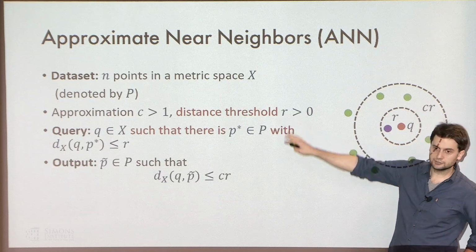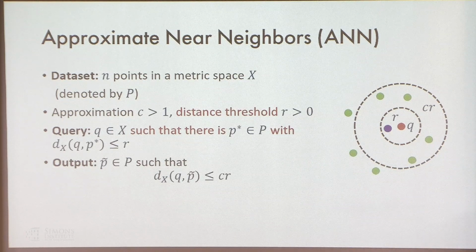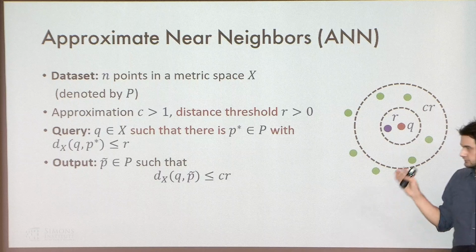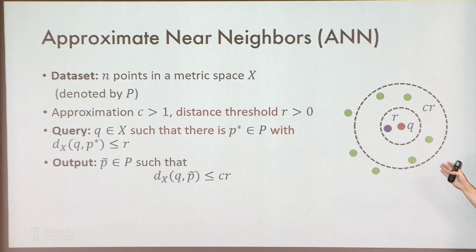The correspondence to practice is that we'll report points which are at least this similar, where this is a concrete threshold. It has a tight connection to the nearest neighbor problem, where we want to report a point whose distance is within factor C of the point closest to the query point Q. But here I'll focus on near neighbor with this threshold R, just because it's usually easier to design algorithms, at least of our type, for this problem.